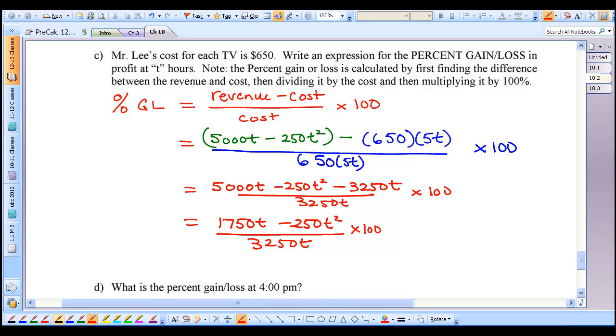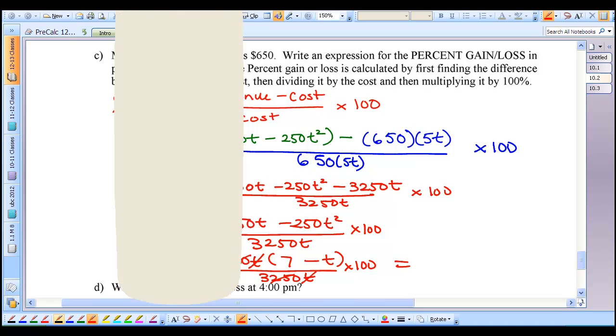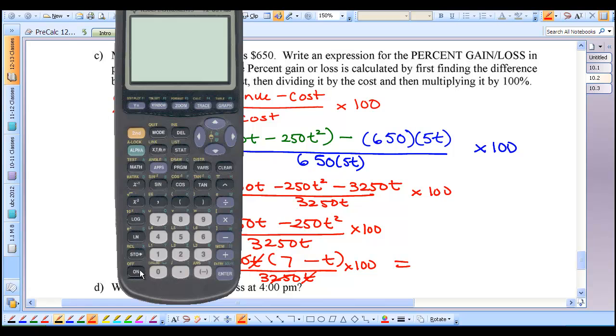I'm going to factor out 250T from each of these. I get 7 minus T on the top, and then 3250T times 100. T's cancel out. 250 and 3250, what was that simplified to? I think it's 13. Let me just double check.